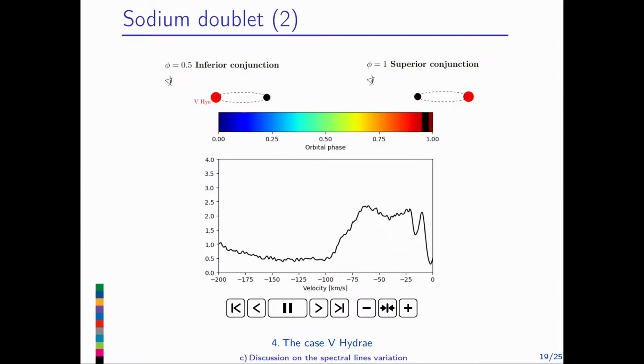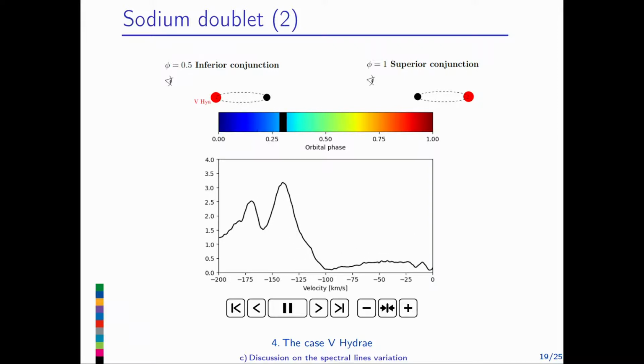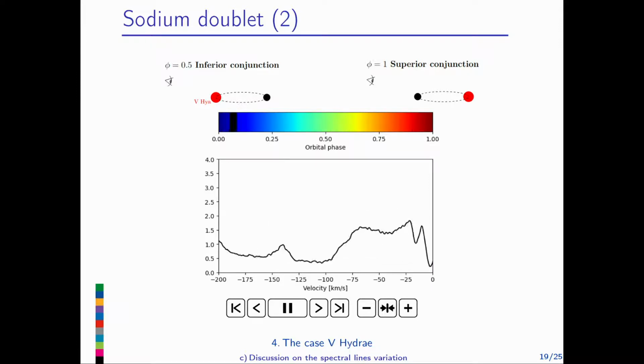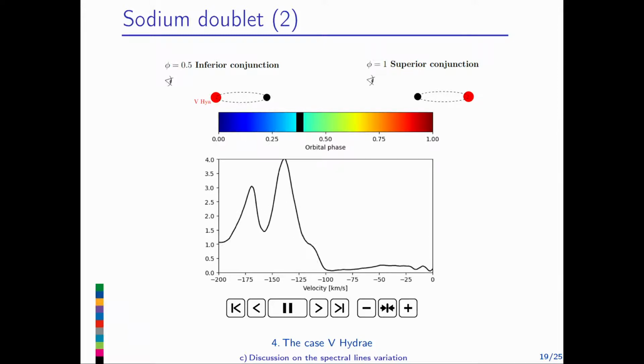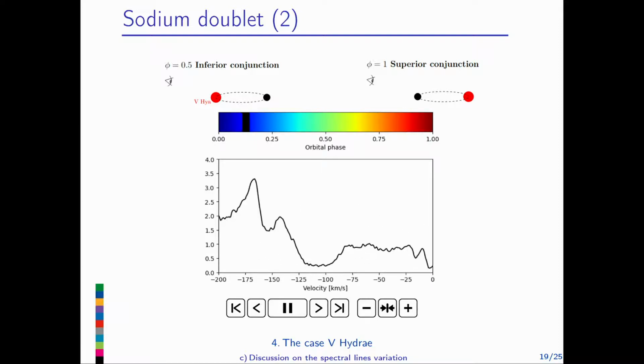Another way of representing it is in this animated picture, where I also remind you of the convention taken here. Phase 1 corresponds to the superior conjunction, so the dimming event and the obscuration, and phase 0.5 corresponds to the inferior conjunction, so when V Hydrae is in front of its companion.